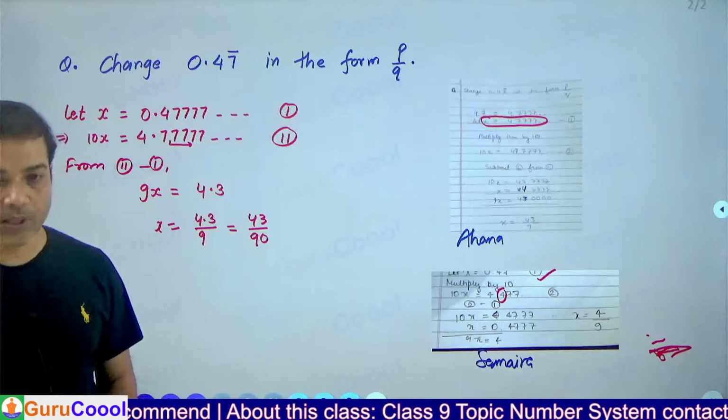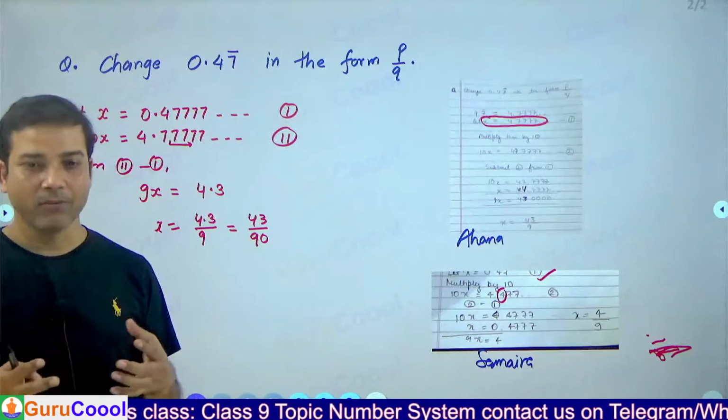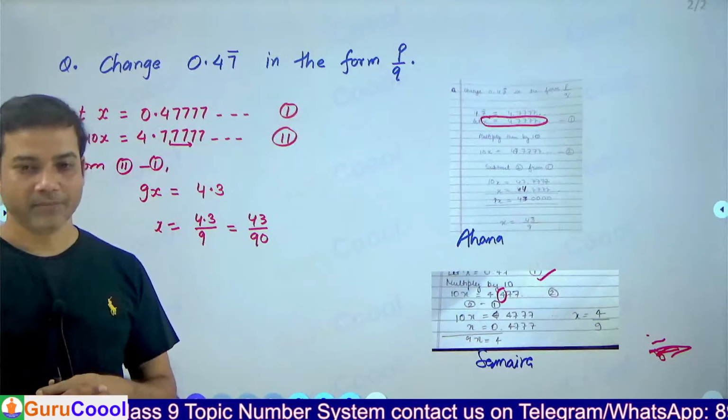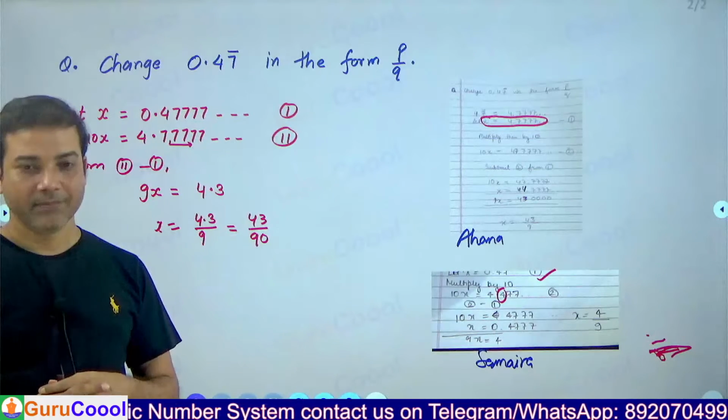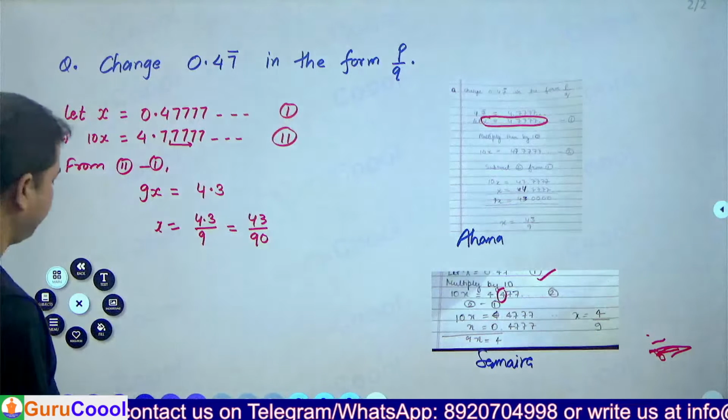So why is it going wrong? This was the second time. You are getting nervous while doing the question. Don't worry. Let's go through the next one. Let us try one more.